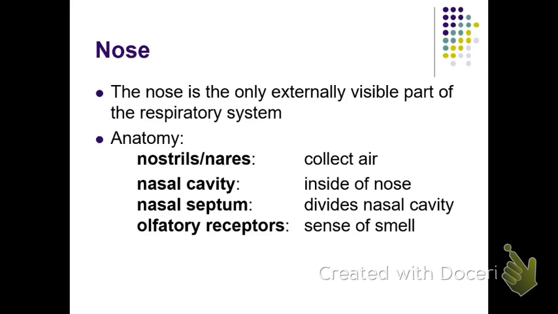So let's begin with the only external and visible part of the respiratory system, which is the nose. And so the anatomical features of the nose include the nostrils, or the nares, and this is the spot where we inhale or breathe the air, and so we collect it through the nostrils.